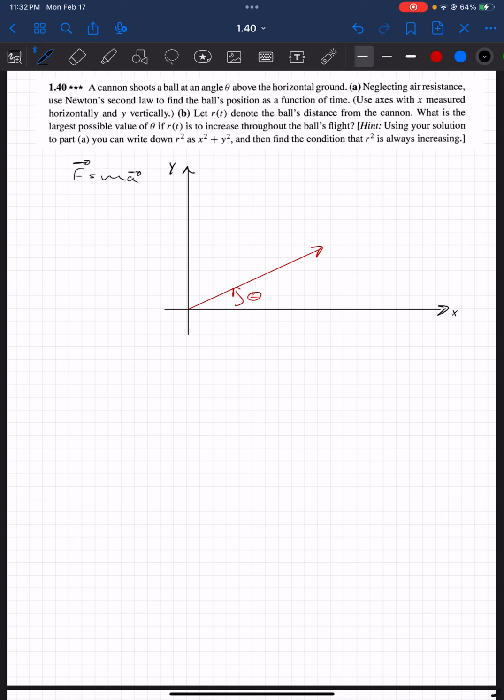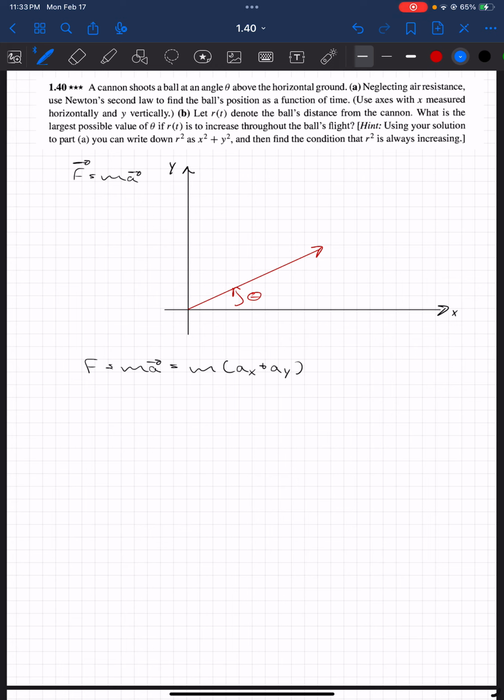To begin, force is equal to ma, and a is a vector, which can be split up into an x and y component. So it's equal to m times ax plus ay. And we want to consider all of the forces that are acting on our ball as it flies through the air. And since there's no air resistance, the only force is gravity.